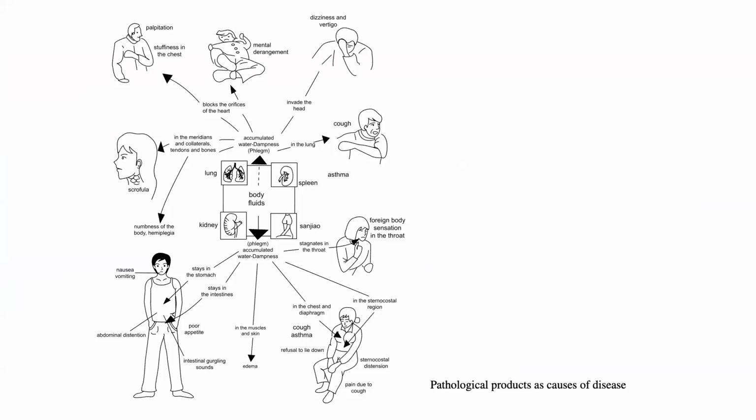If it stays in the muscles and skin, it can cause edema. If phlegm stagnates in the throat, there is a sensation of foreign body in the throat, and in the sternocostal region or in the chest and diaphragm, there will be asthma and cough and refusal to lie down, and sternocostal distension and pain due to cough.